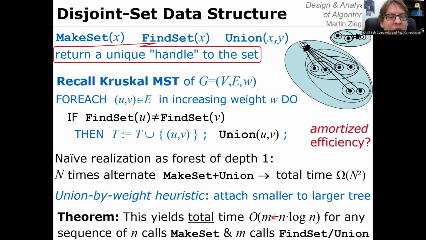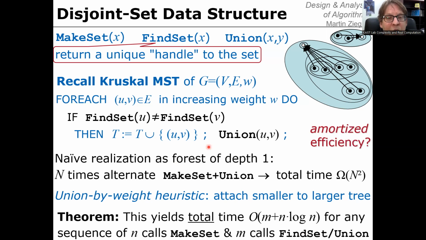More precisely, we're going to show that whenever we have a sequence of calls to make set, to find set, and to union, n calls to make set and m calls to find set and union, then the total cost is m, the number of calls to find set and union, plus n log n, where n is the number of calls to make set.